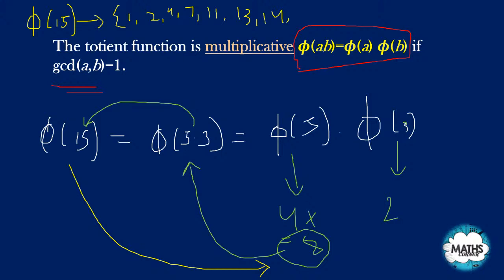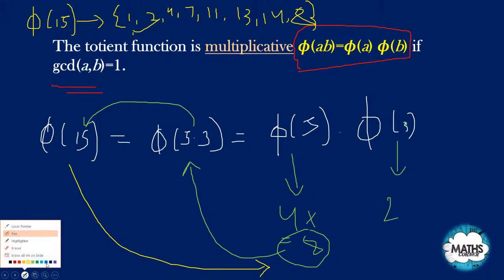One more number is left, which is 8. So we get 1, 2, 4, 7, 8, 11, 13, 14. These are the 8 numbers co-prime to 15, the same as the result we got before. So phi of 15 is 8.